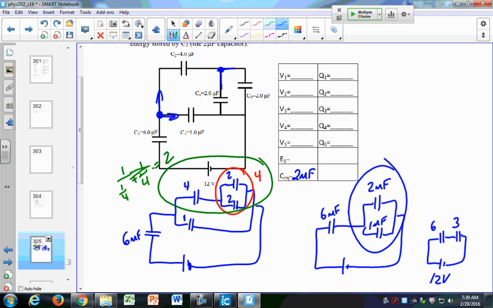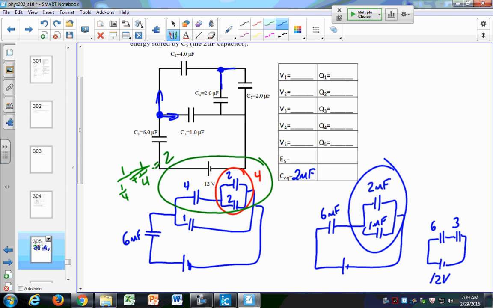And now we want to start stepping back. So I always find it helpful to draw my intermediate circuits, because then it allows me to find those voltages more easily, because you can see where this capacitor is the equivalent of these two capacitors, and then you can see those voltages and how they're separated more evenly. So over here on the 6 and the 3, I have 12 volts. Remember, there are a couple ways you can do this.